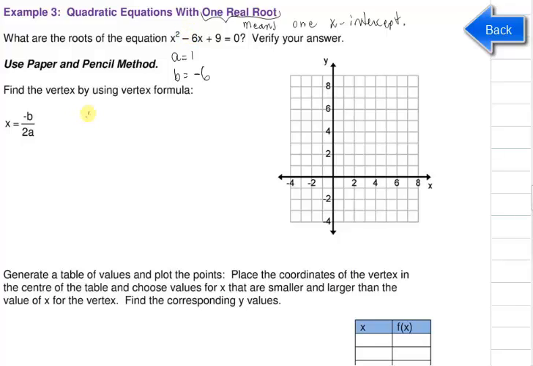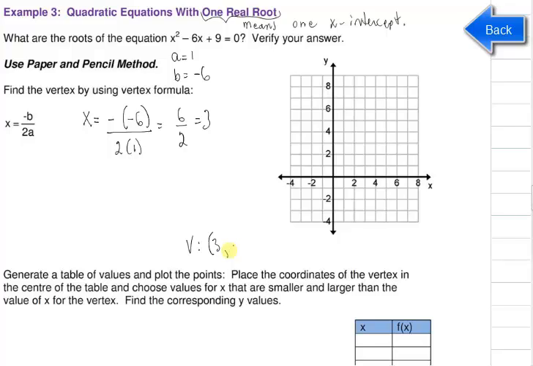So let's find the x coordinate of our vertex: negative, and then we want to plug in b, which is negative 6, all over 2 times a, which is 1. That will give you 6 over 2, which is 3. So far for our vertex, we have an x coordinate of 3.